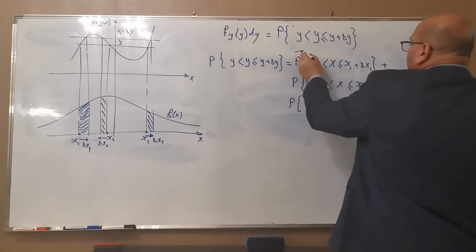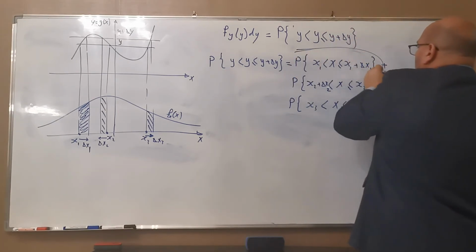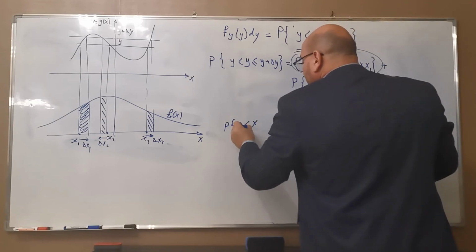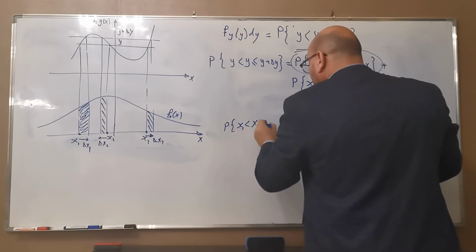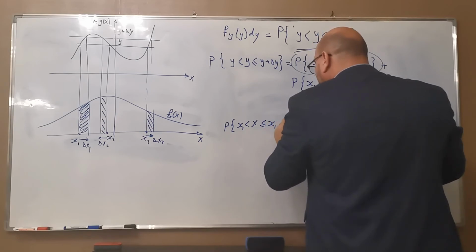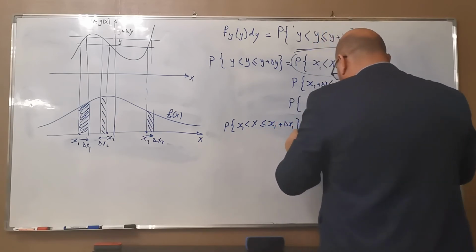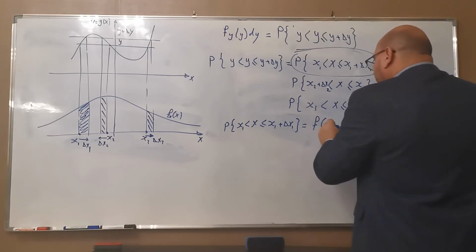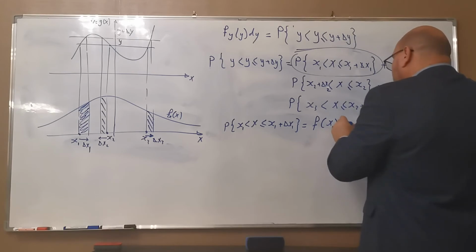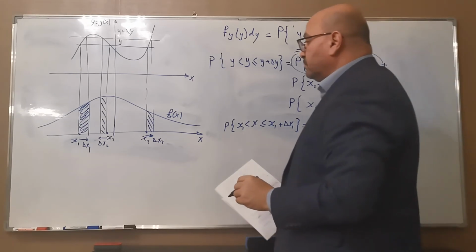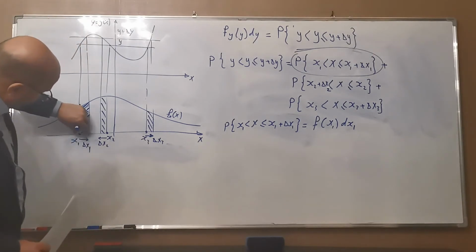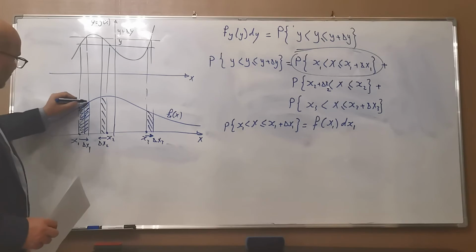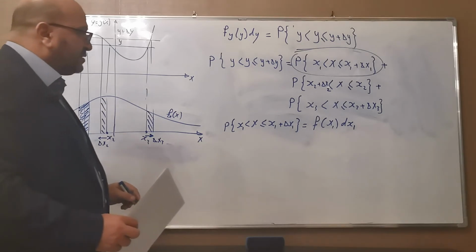Now, I'm going to take the first period. This one here, the probability of x greater than x1 and less than or equal to x1 plus delta x1, is equal to f of x1 times dx1. So the length is dx1, and the amplitude we take from x1, not the second point plus delta x.